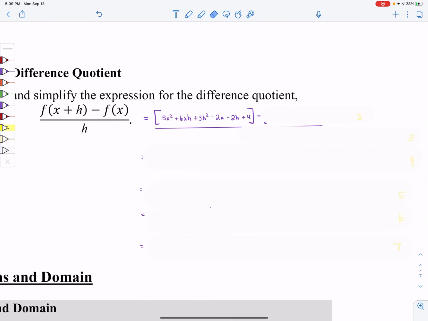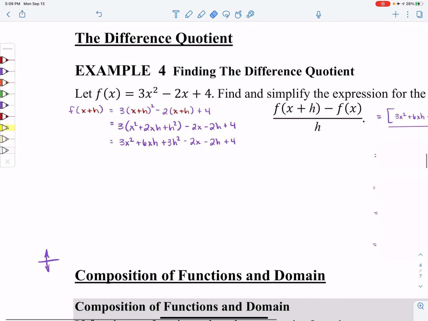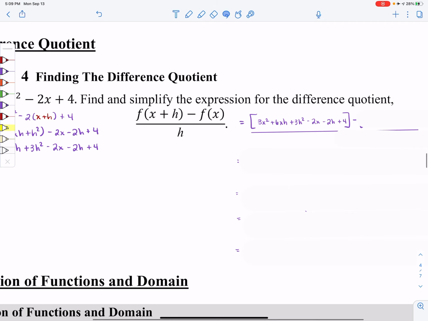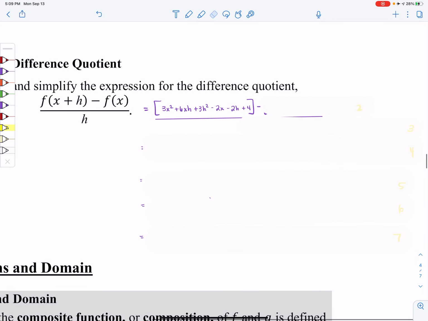And the first thing I'm going to do is just simply plug in what I found over here. Then notice that I'm going to subtract my original function. That's this guy right here. So we want to subtract the original function. And then I'm going to put that over h. So there's definitely no work involved in that.